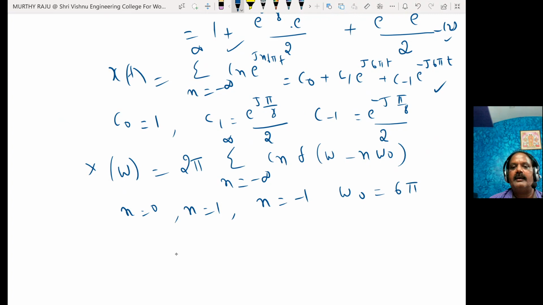Substituting the given values, 2 pi times C naught delta of omega, since n is equal to 0 means omega minus 0 is omega.